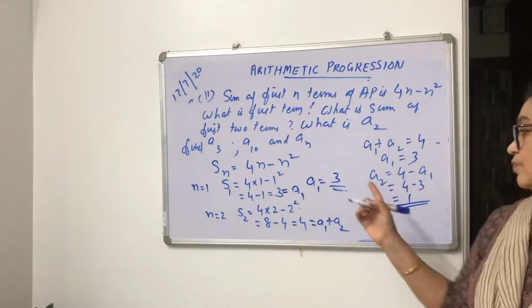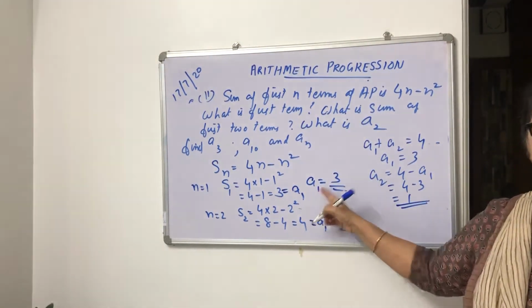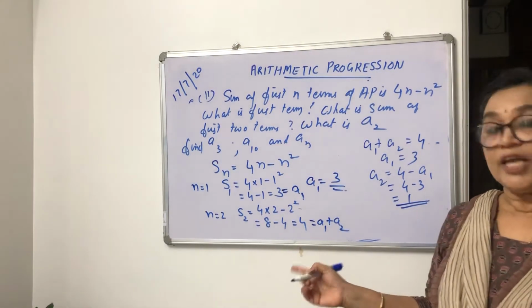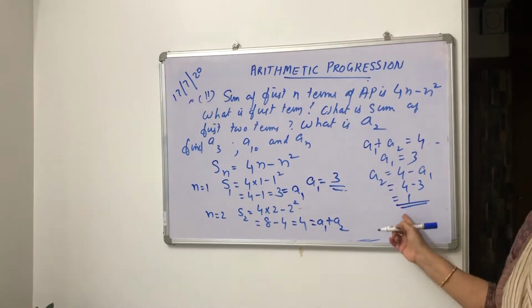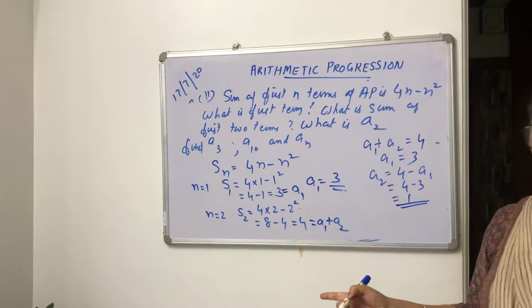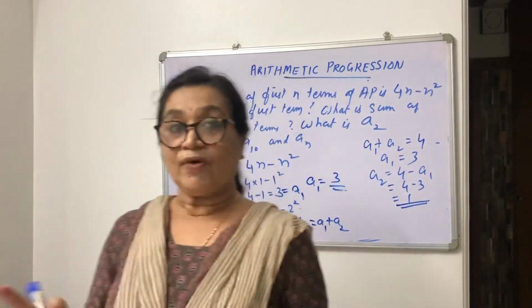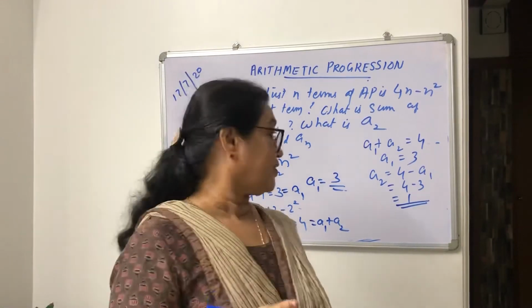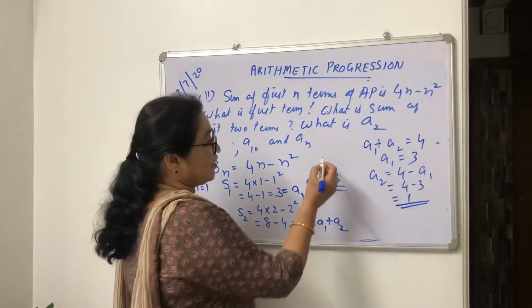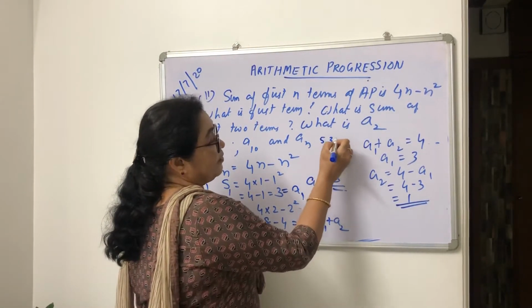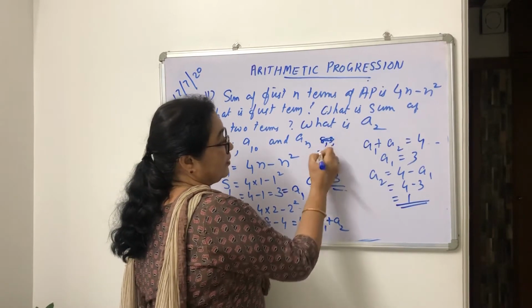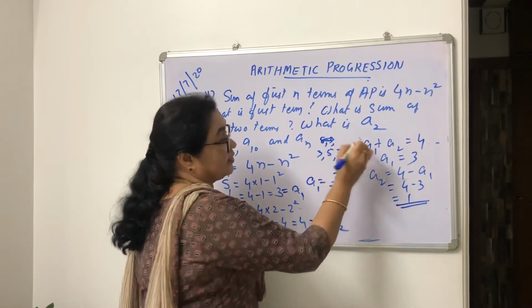Once you have A1 and A2, can you find out D? So what is A2? A2 is A1 plus D. See here, 3, 5, 7, dash dash.